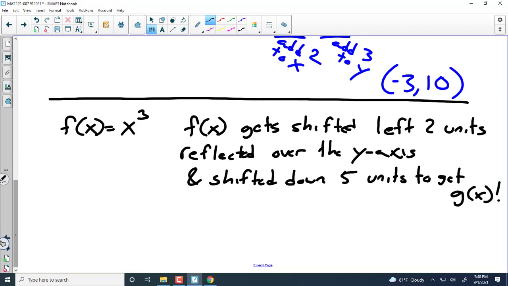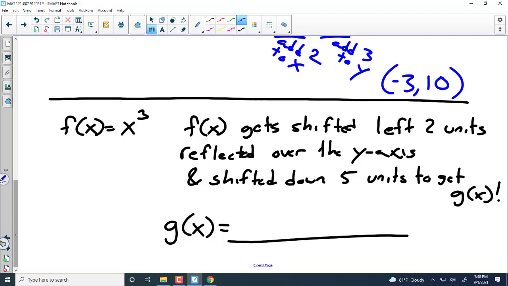The question is, what does g of x look like if we do those 3 things? Now, first and foremost, g of x is another cubic function, another third power function.